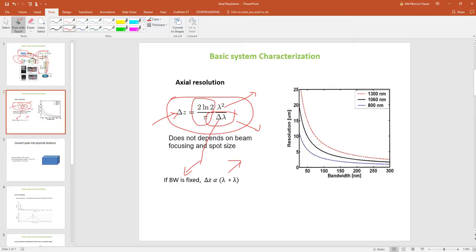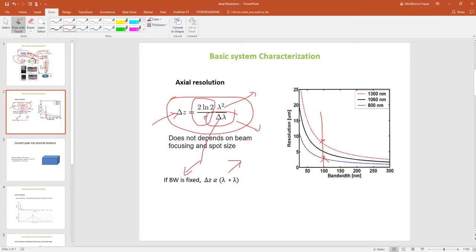Let's see the graph here. Let's first focus on one of the graphs. Our bandwidth is, for example, 100. We can notice that for 1300 nanometer, the resolution is bad because the wavelength is higher. As it goes downward, the resolution becomes better.